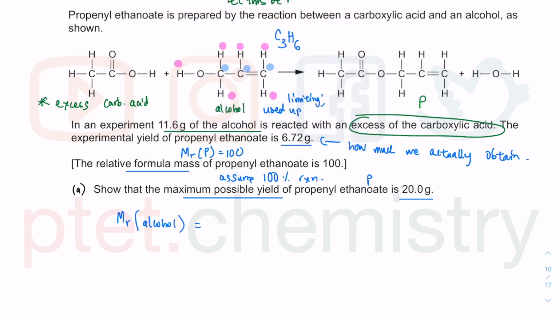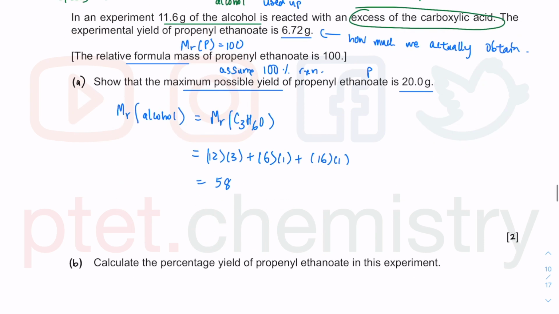So there's 6 hydrogens and there is 1 oxygen. So there's the Mr of C3H6O. There is 12 times 3 plus 6 times 1 plus 16 times 1 for the oxygen. So I get 58.